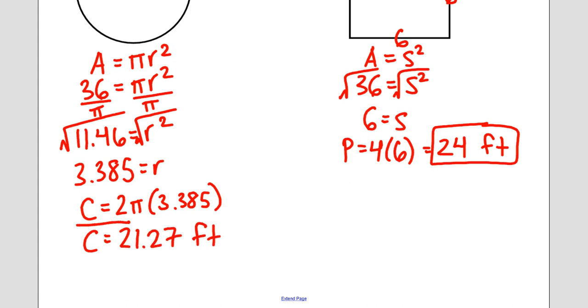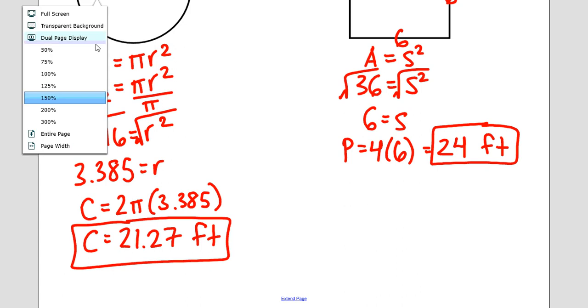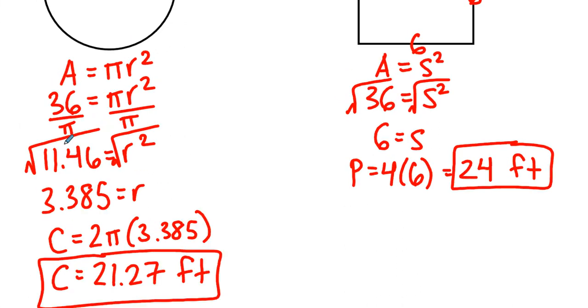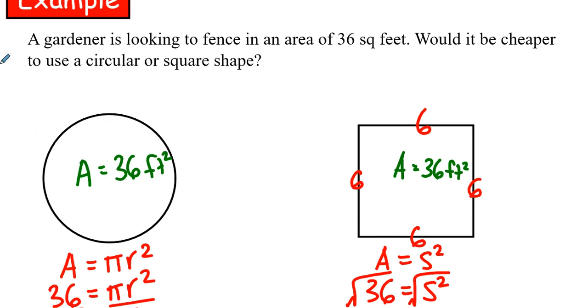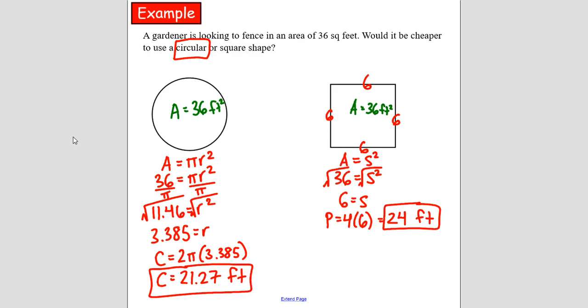So to enclose the same amount of area, I would only need 21.3 feet of fencing, while the square would take 24 feet of fencing. Based on that, which one would be the better choice? It would be better to use the circle because it would require less fencing. The circle is more efficient than the square. You might have guessed that before, but now we mathematically proved it.